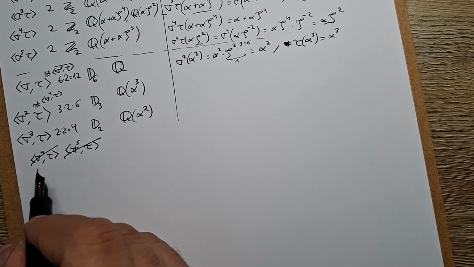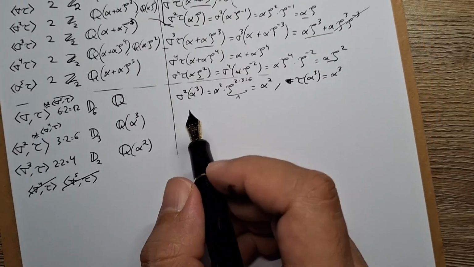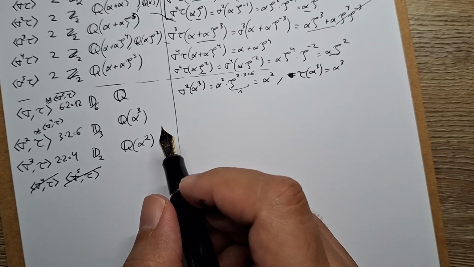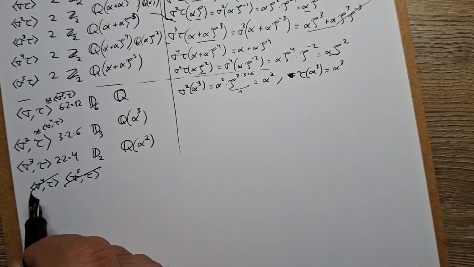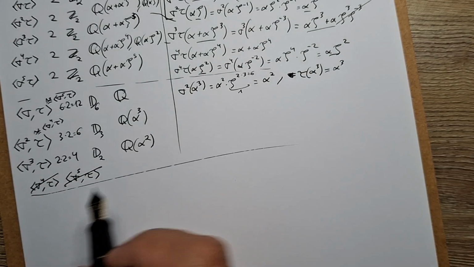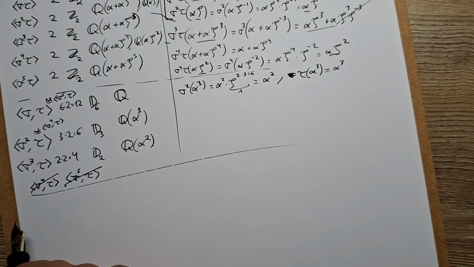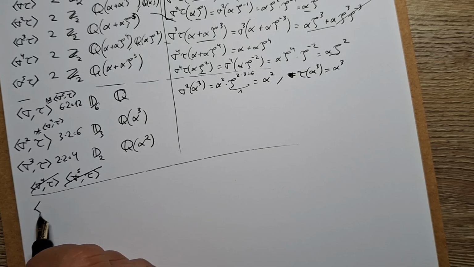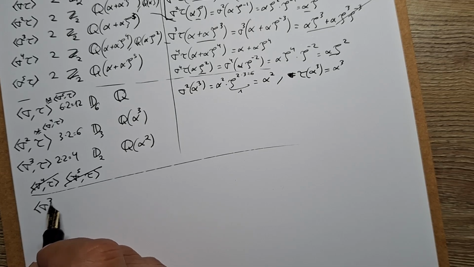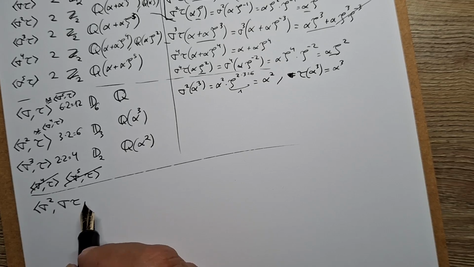All right. So now we are still missing some Q-automorphisms, since we already exhausted these kinds of combinations. Now we are going to do another kind of combination, which is sigma squared combined with sigma tau.